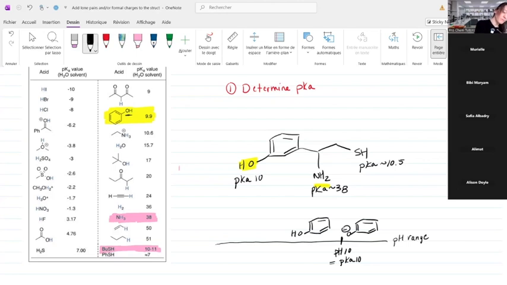When you do these questions, I want you to write all these structures. Take the structure that is in the question and remove one hydrogen to make the O minus. I also want you to draw the structure when you add a hydrogen, so you would form the OH2 plus.